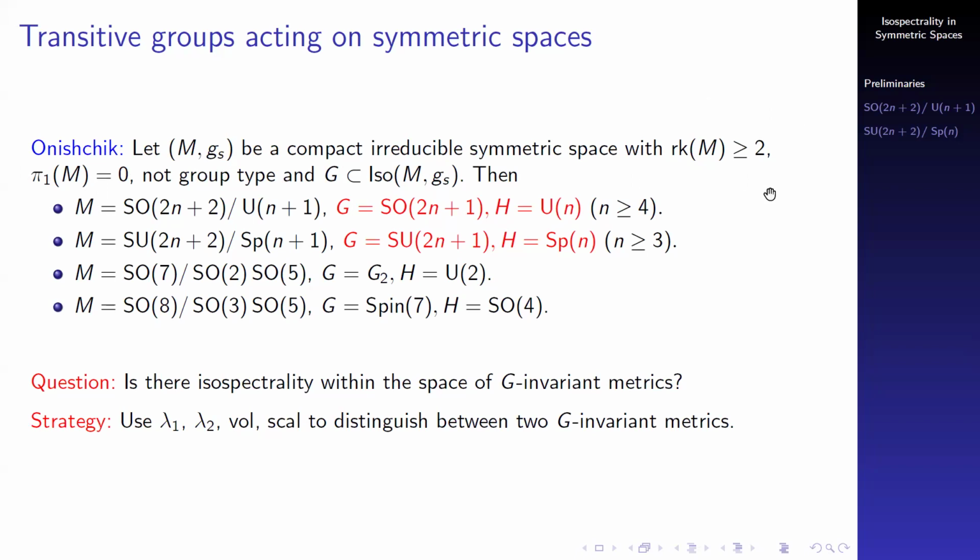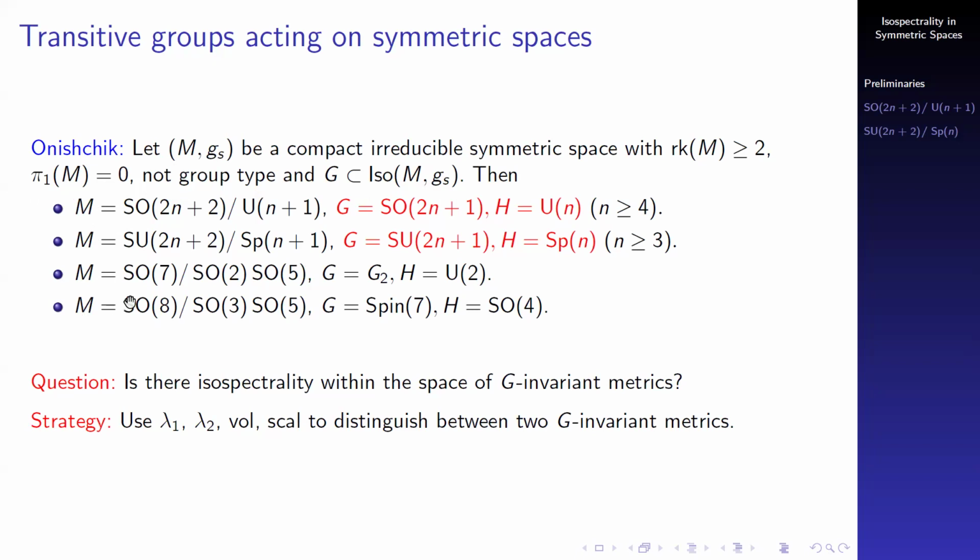Rank 1 is already solved, the homogeneous metrics of rank 1, by Lauret, Piccione, and Bettiol. Suppose also that M is simply connected and not of group type. This means that M is not a Lie group with an invariant metric. And if we take a subgroup of the isometry group that acts transitively, then we have few cases. We have these first possibilities: these two families of manifolds, and we also have these two Grassmannians.